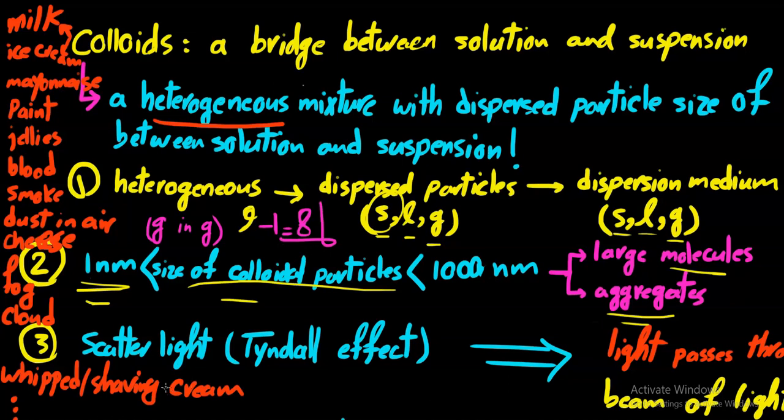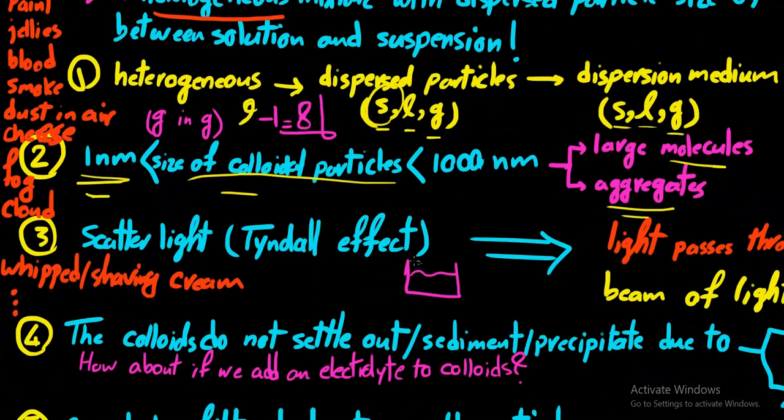And it's really important that you know that colloids scatter light. For example, here we have a kind of colloid, a little bit of milk in water. Just suppose we have water and we add 1 drop of milk to this glass of water. We have very small particles but large enough to scatter light.